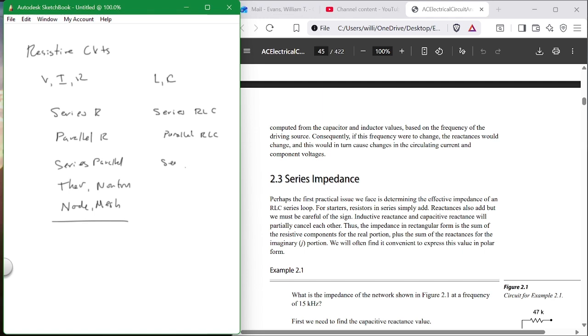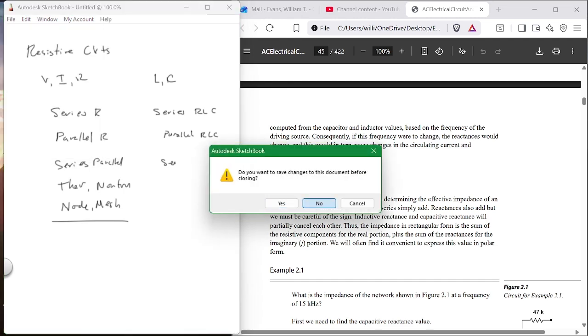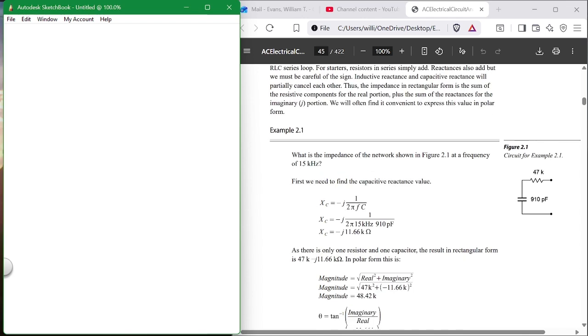You follow me? Thevenin and Norton RLC circuits, node and mesh RLC circuits. So what are we studying today? Series impedance. All right, you get the picture? It's the same stuff. It's just piling on. Yes, it is. Now we're dealing with imaginary numbers. That's the only difference. The only difference.